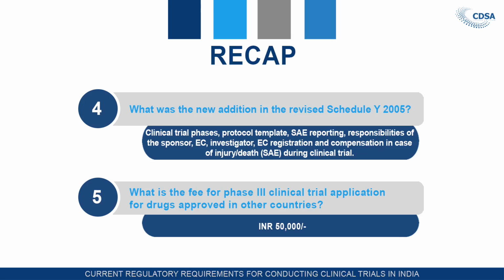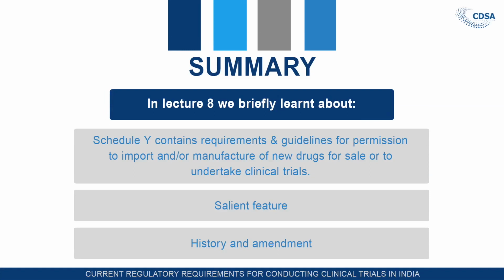So let us summarize now what we have seen in our lecture 8. Briefly, we have seen schedule Y, it is a requirement and guideline for permission to import and or manufacture new drugs for sale and to undertake clinical trials.